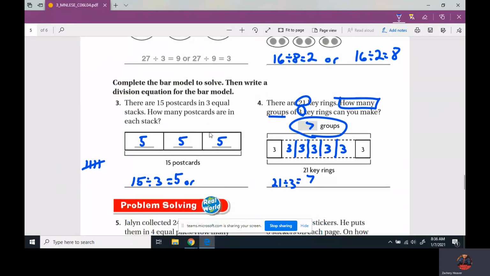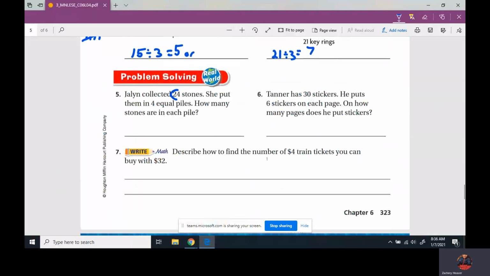Jane collected 24 stones. She put them into 4 equal piles. Okay. How many stones are in each pile? So we have 24 divided by 4. Okay. So if I skip count 4 to 24, 4, 8, 12, 16, 20, 24, 6 stones. And then Tanner has 30 stickers.